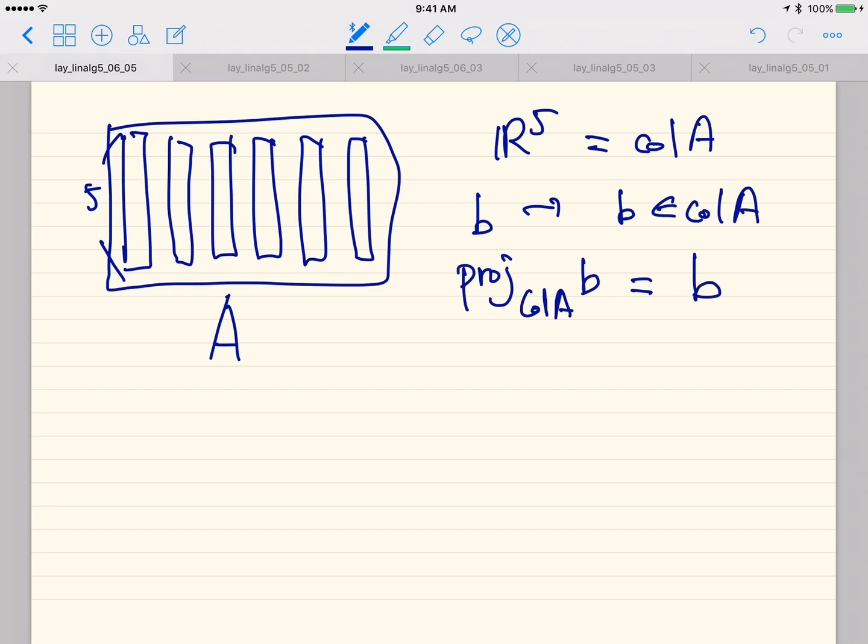Our point is somewhere inside of our universe, and we don't know where to project it to a certain subspace. But if you focus on the fact that B is already inside the column space of A, then this projection will be just the same as B. Okay.